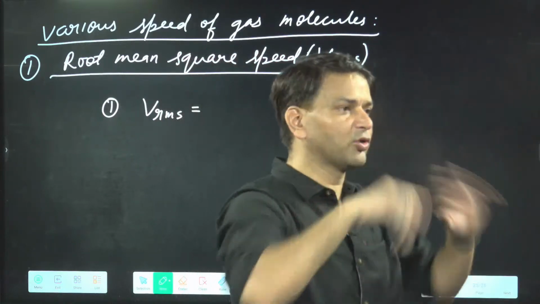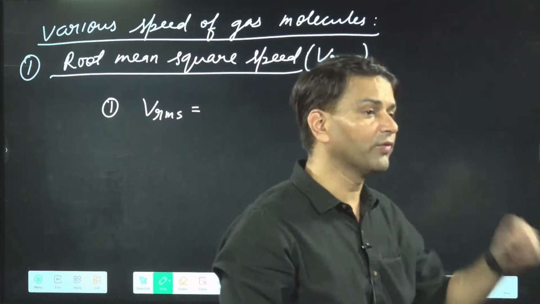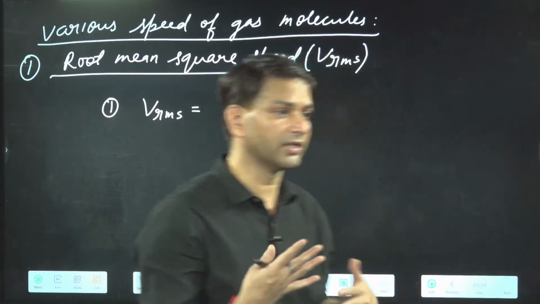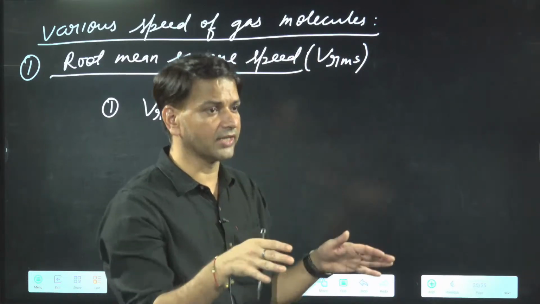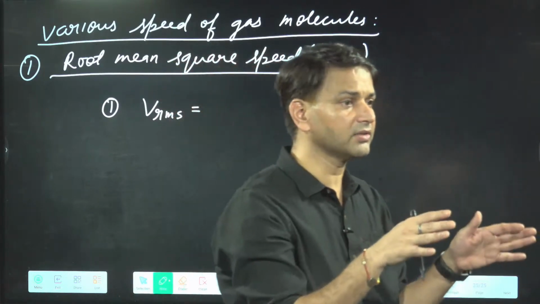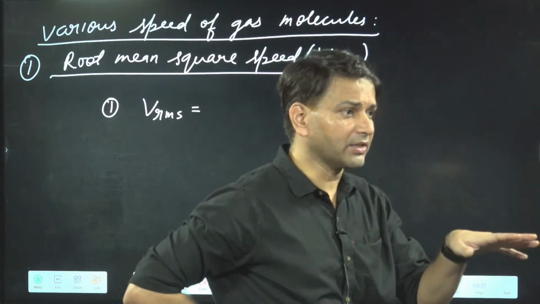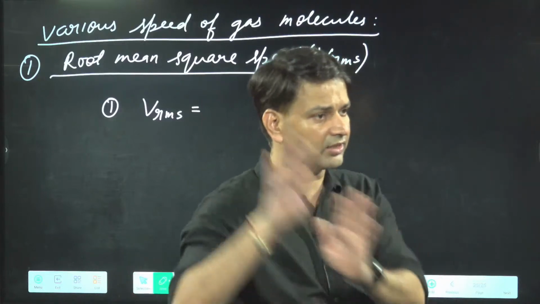Suppose where you are sitting, air is surrounding you, but we don't know which molecule is moving with what velocity. Or you have enclosed gas in a container, and I don't know the velocity of each molecule. Then if I know the temperature, I will say the RMS speed of the gas is under root 3RT by M. That is a different thing.